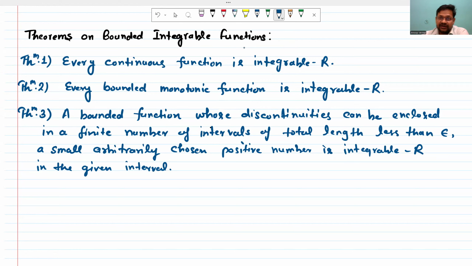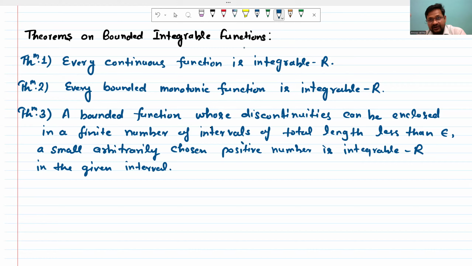This is the meaning, because if we have some interval, some region with a positive length where the function is discontinuous, then you can't say anything about integrability.